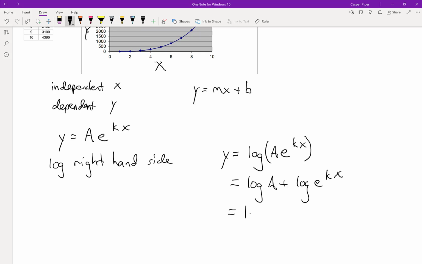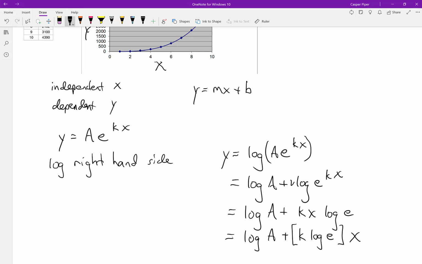But that's going to equal the log of a. Now the log of a is just another constant, plus kx times the log of e, because remember the exponent in a logarithm comes out front. But I can rewrite this as the log of a plus k, the log of e, times x.